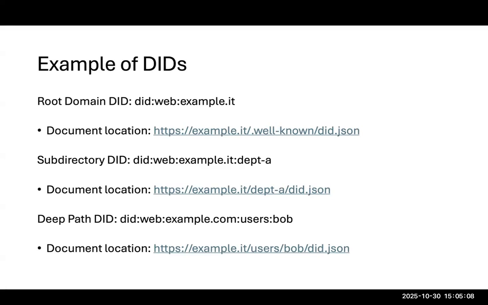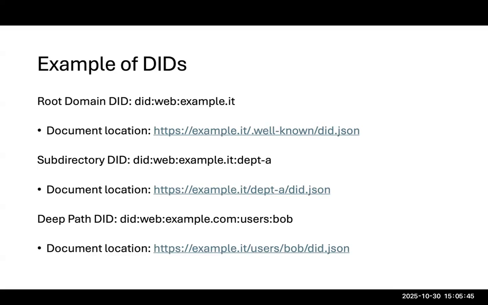At that point, you have to create a .well-known folder, and you put your did.json file containing the DID document. So this DID essentially refers to this target system: the root, in which we have a .well-known folder containing the did.json file.